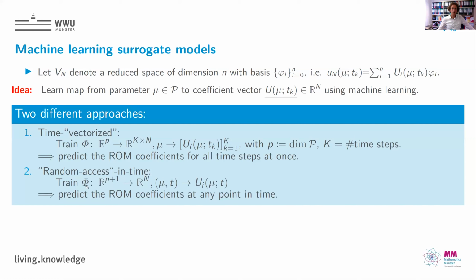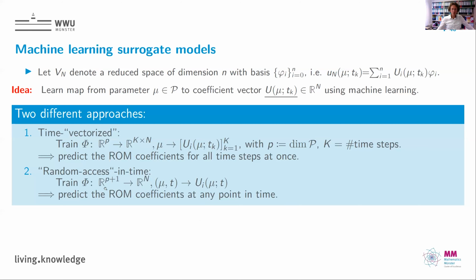And the other one is you learn a map that maps from parameter and time to the corresponding coefficient. This gives you random access. So if you have trained such a model, then you can evaluate the solution at any time without doing time iteration.